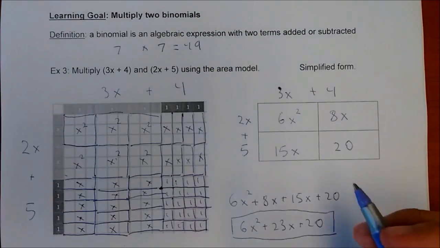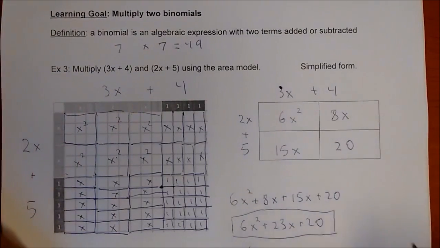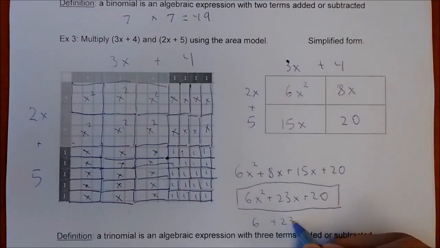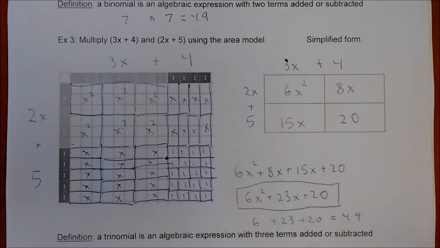And moving down to the trinomial, 6 times 1 squared is 6, plus 23 times 1, which is 23, plus 20, which gives us also 49. And this basically tells us that we can be reasonably sure that our answer is correct.